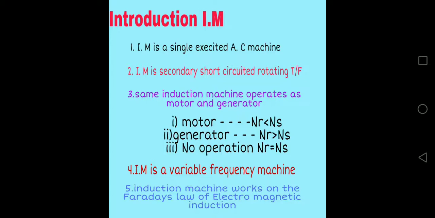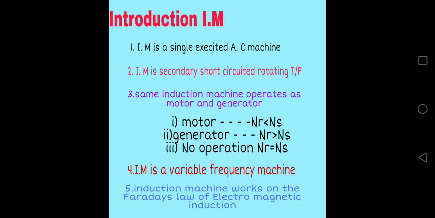For example, condition 1: if the rotor speed is less than the stator speed, here the stator speed means the stator flux speed or rotating magnetic field speed, Ns. If the rotor speed is less than the stator flux speed, then the induction machine acts as a motor.